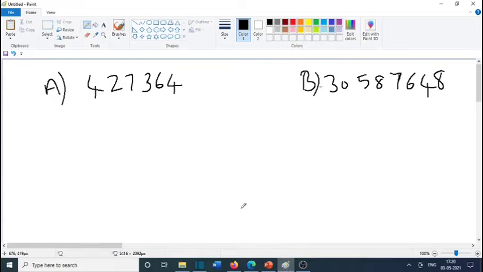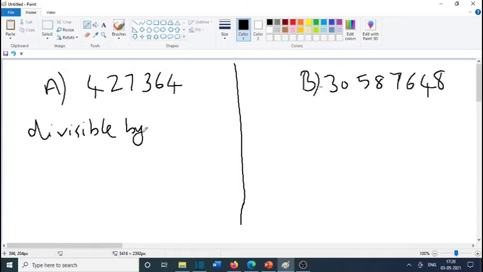Now we can do this separately. This is divisible by 2 since the unit digit is 4.